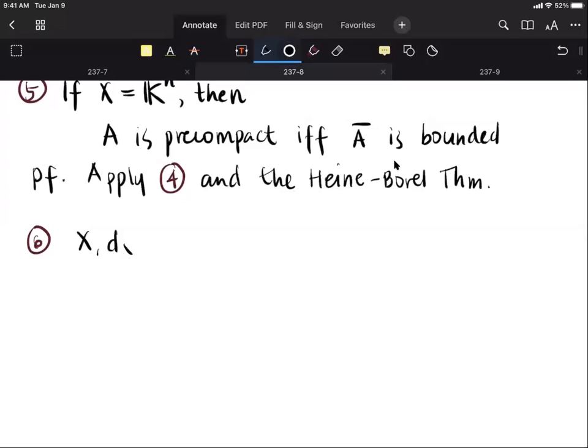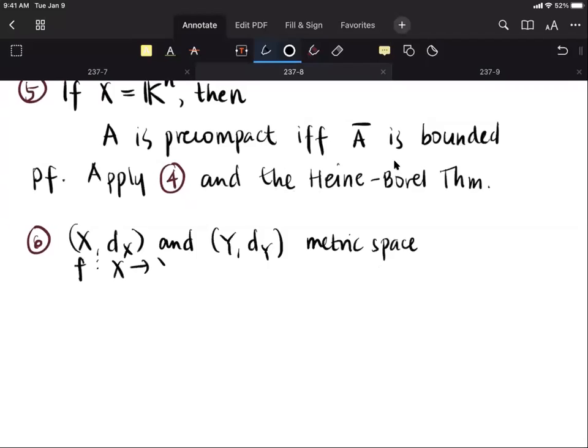So I have two metric spaces, X and Y, and a map, let's say f from X to Y that is uniformly continuous.